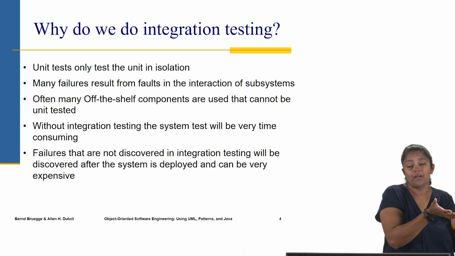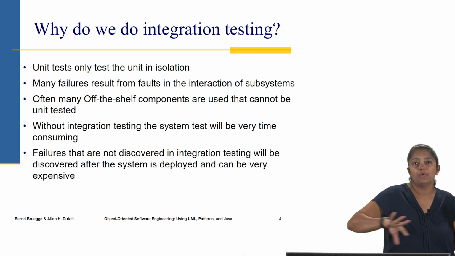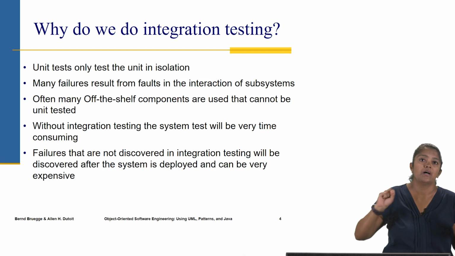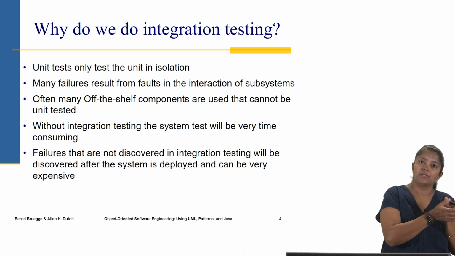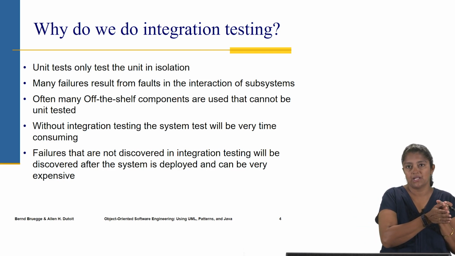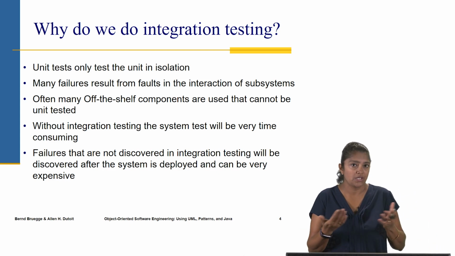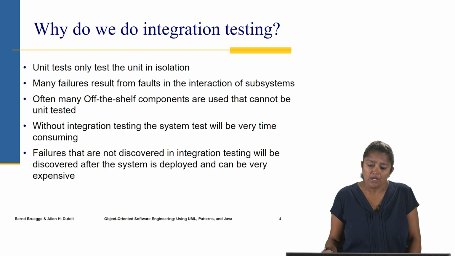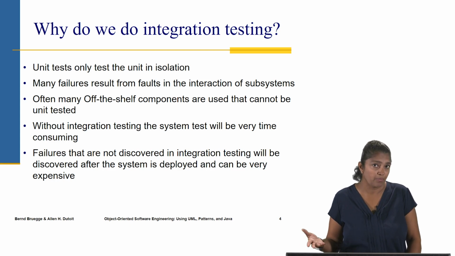The hope is that a number of issues would have already been found in these previous phases, so there's going to be minimal issues when we get to the system testing level, and we want to save on our time and resources when we're doing that. So that's the reason integration testing is important.